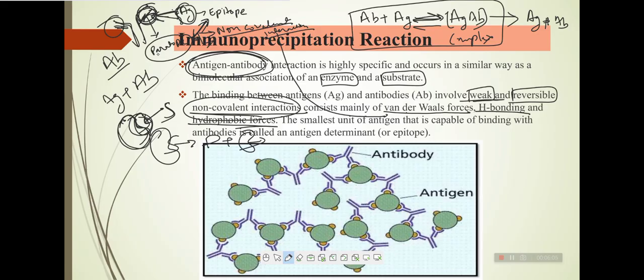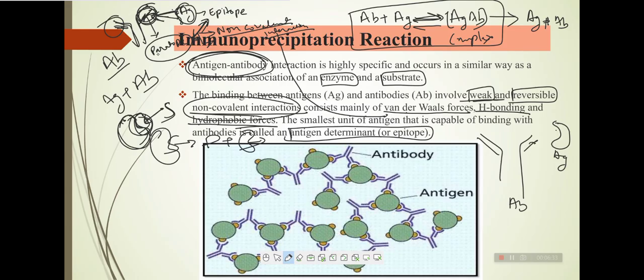Next, the smallest unit of an antigen that is capable of binding with an antibody is called an antigen determinant. Already I discussed the antigen determinant. What is an antigen determinant? Nothing else. It is an epitope. See, this is an antigen, this is an antibody.